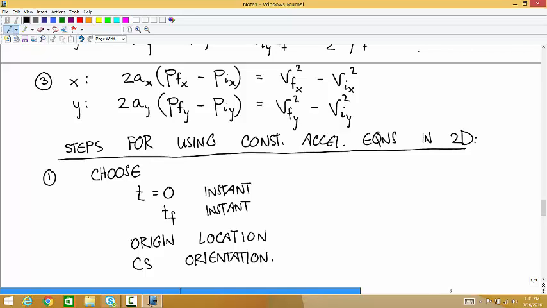The origin location is our 2-dimensional version of the 0 position, and the coordinate system orientation is the 2-dimensional version of our positive direction.